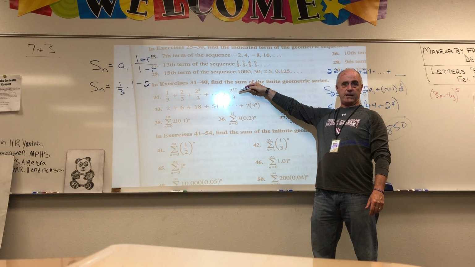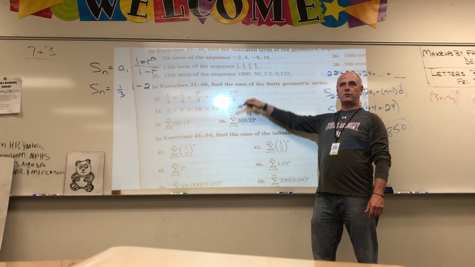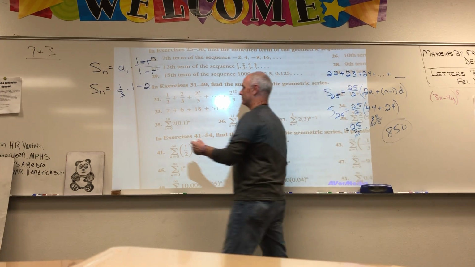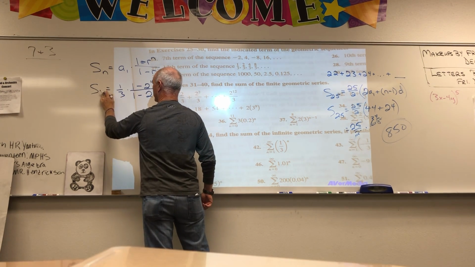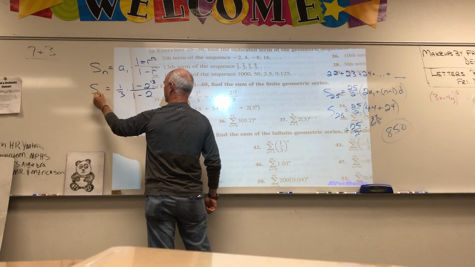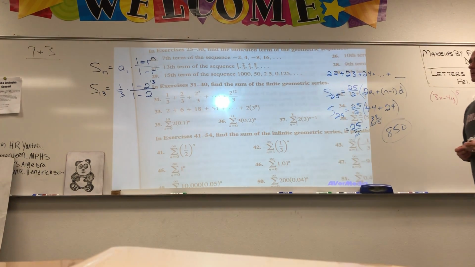Which means, therefore, that n is 13. N, 13. Not r, n. Over 1 minus 2. So I can change that n to a 13. Does that make sense? Yes.